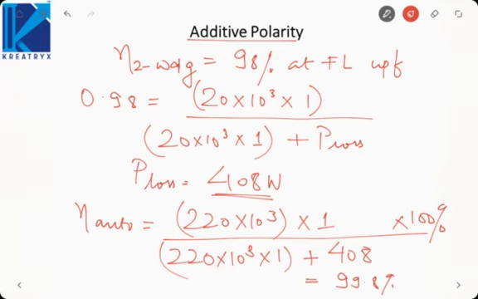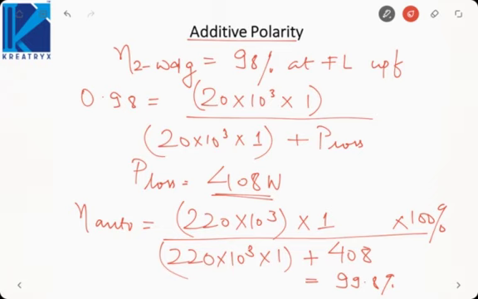So now if you see, the efficiency of an auto transformer is much higher as compared to the efficiency of a two winding transformer. Okay, this you must always keep in mind. The efficiency of a two winding transformer is always lesser as compared to an auto transformer. And consider the losses as constant whenever we are realizing an auto transformer from a two winding transformer.